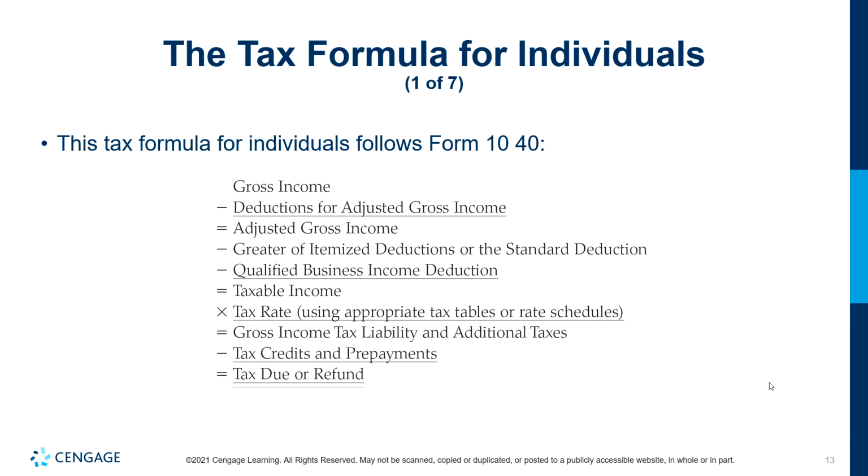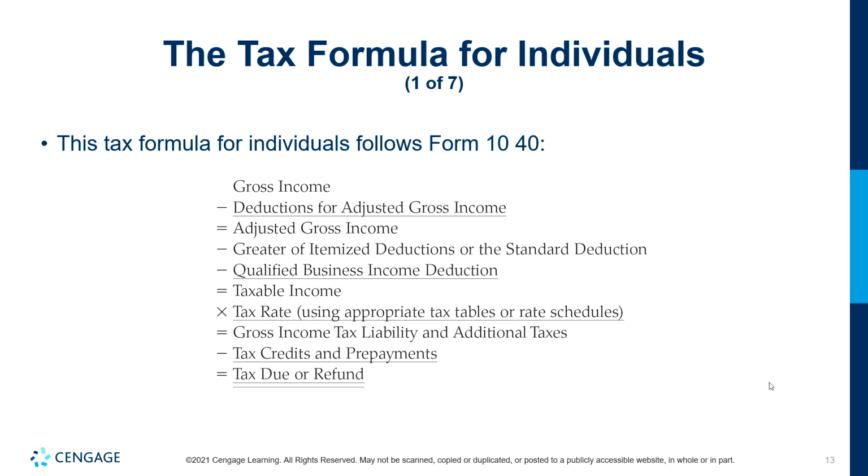First thing that we're going to have is gross income. Then we're going to minus deductions for AGI, or adjusted gross income. Mostly you're going to hear AGI. This will equal AGI. Then we're going to minus the greater of our itemized deductions or the standard deduction.